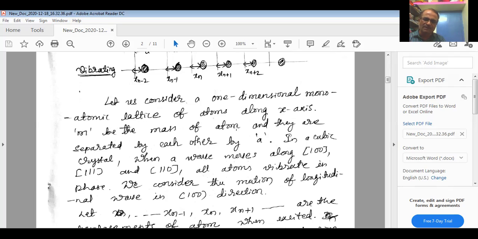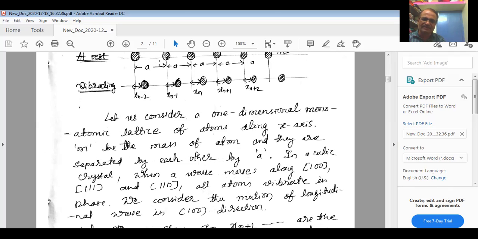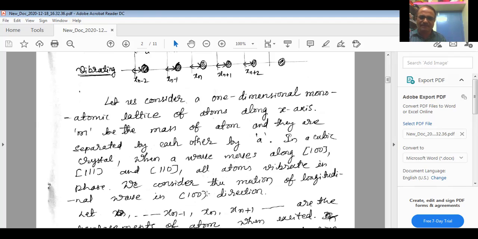So let us consider a one-dimensional monatomic lattice of atoms along the x-axis. Let m be the mass of each atom, and they are separated from each other by a. Every atom is separated by a, or the distance between two nearest neighbors is a, which is the lattice parameter in solid state language.